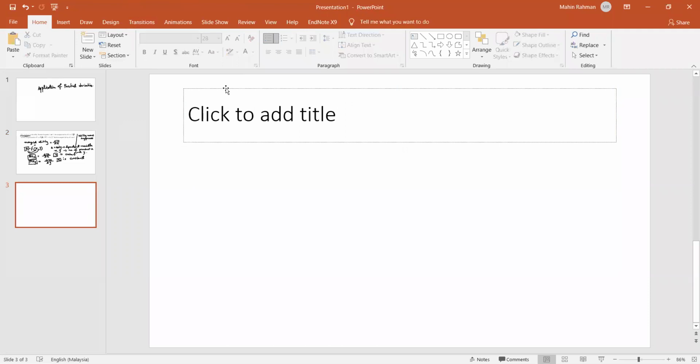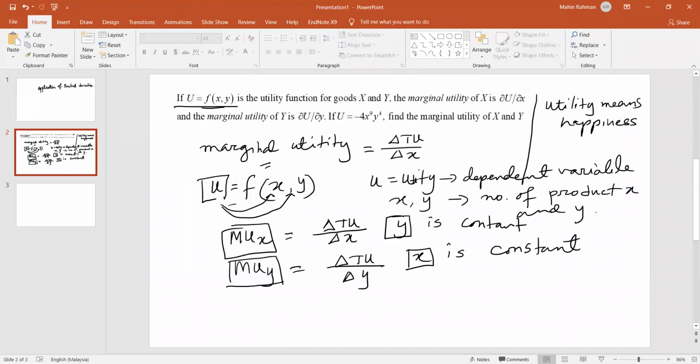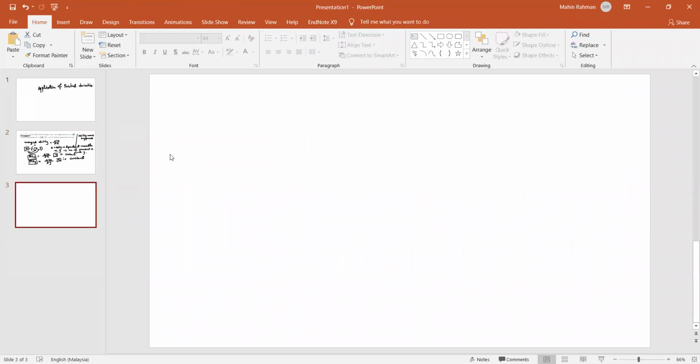Now calculate the marginal utility. The utility function U is equal to minus 4x to the power 9 y to the power 4.